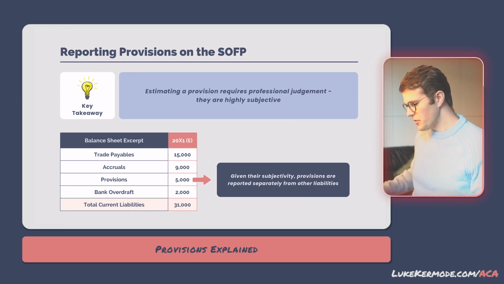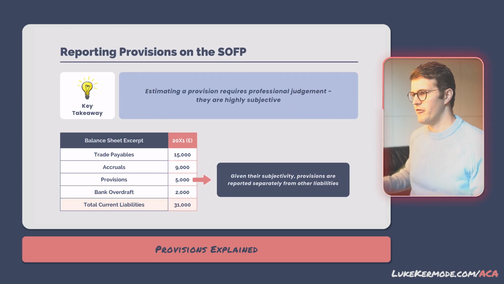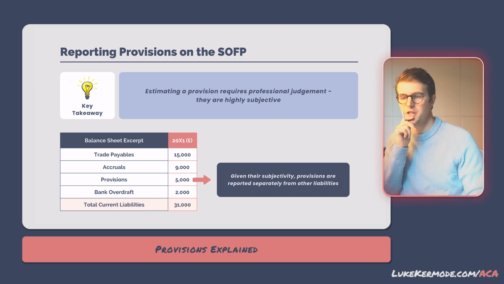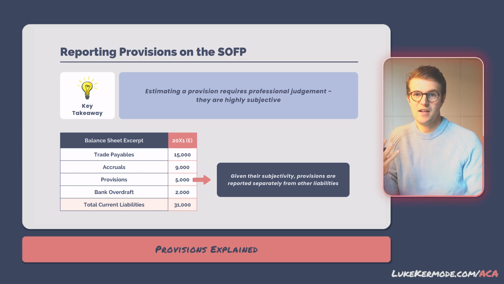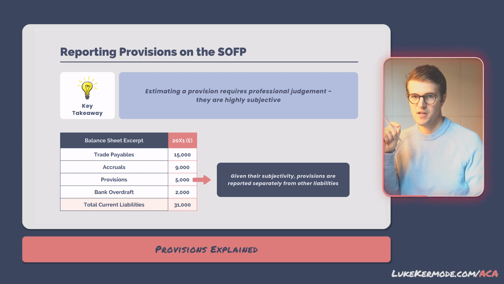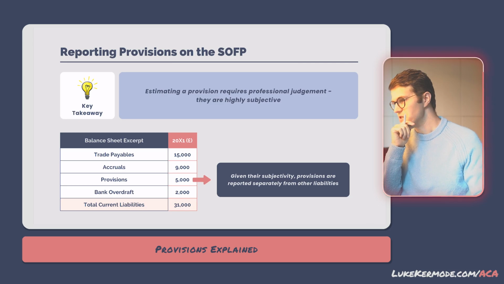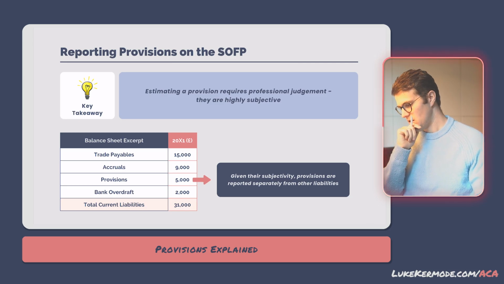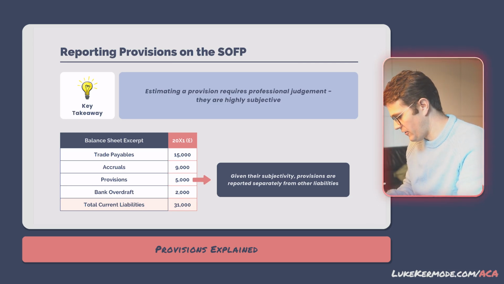So one key thing to understand about provisions is that they're not certain amounts, they're estimates. So accountants use their professional judgment to decide how much to set aside for provisions in the financial statements. And because of this subjectivity, provisions are reported separately from other liabilities on the statement of financial position.